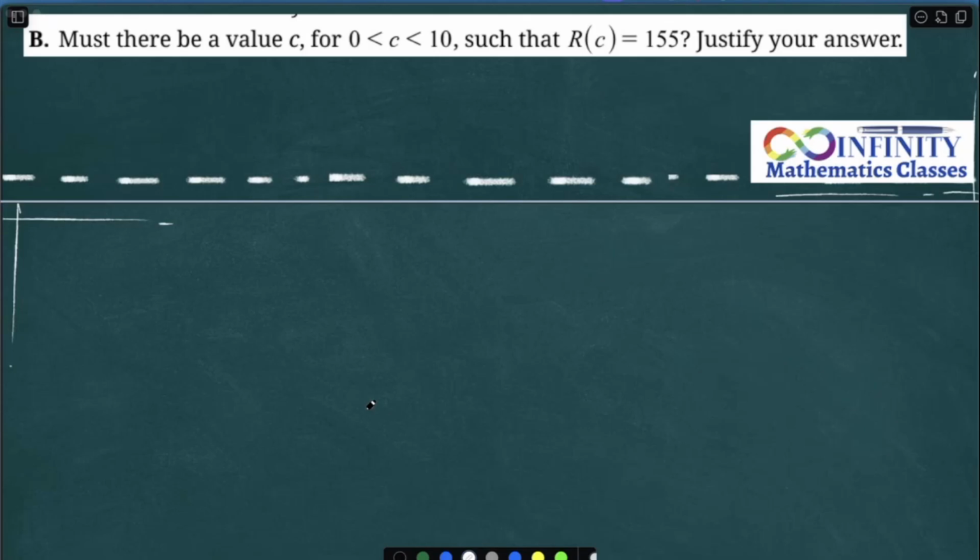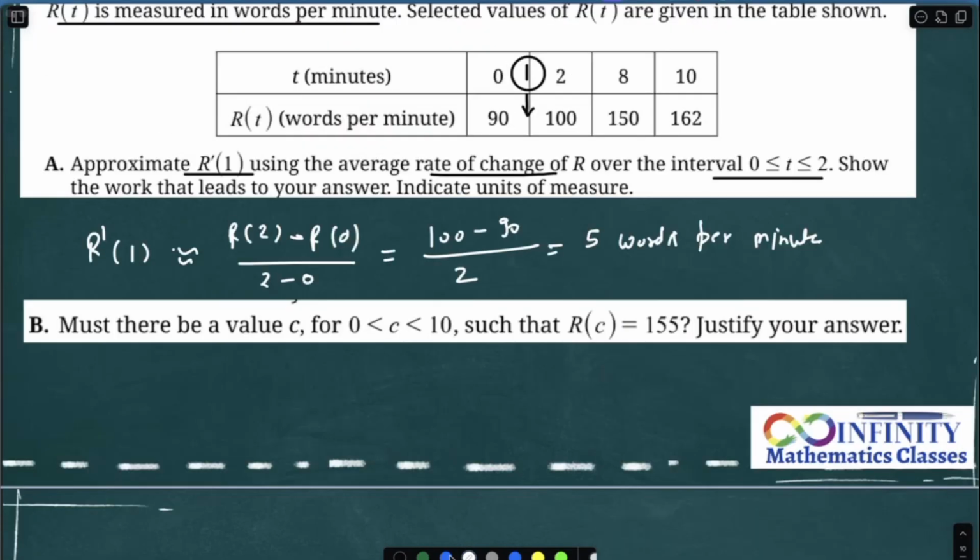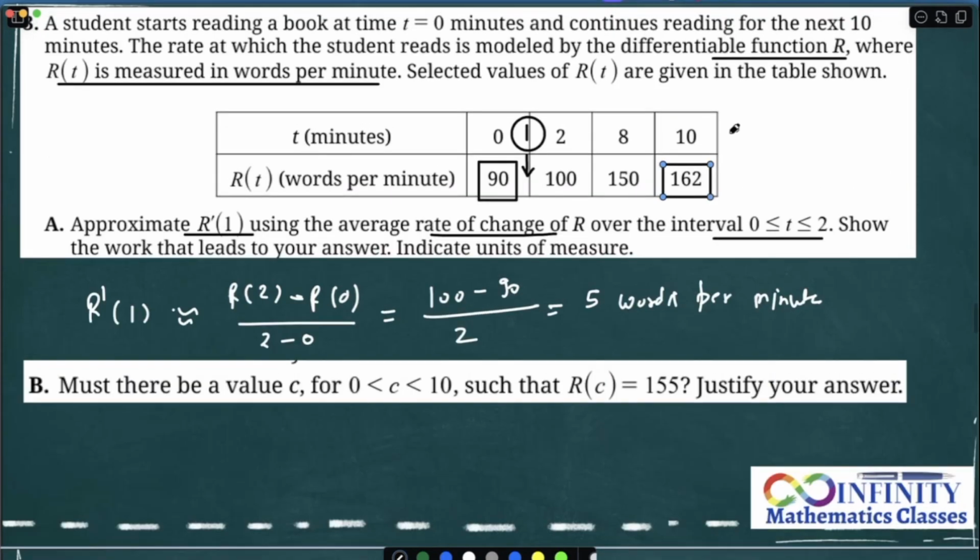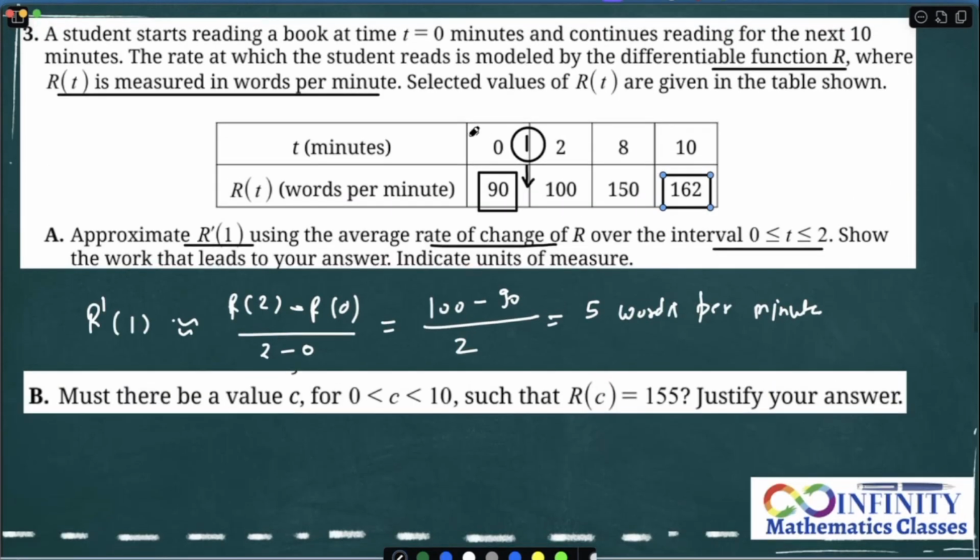Let us just try to check if this is the situation there. Can you please just look at the table? You have R of 0 is 90. R of 10 is going to be 162. Any doubt? And is it given to you that R of t is a differentiable function? Check.